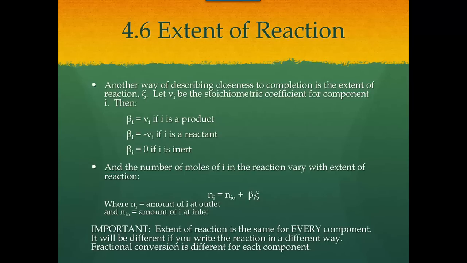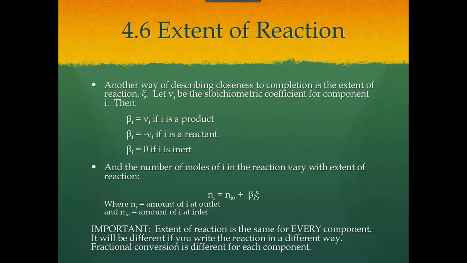negative. And we're also going to start dealing with things that are inert, things that do not participate in the reaction. Maybe I have SO2 and O2 reacting to make SO3, but instead of bringing in pure O2, which is expensive, I bring in air. There's a lot of nitrogen, and it's not participating in the reaction, it's just hanging out.